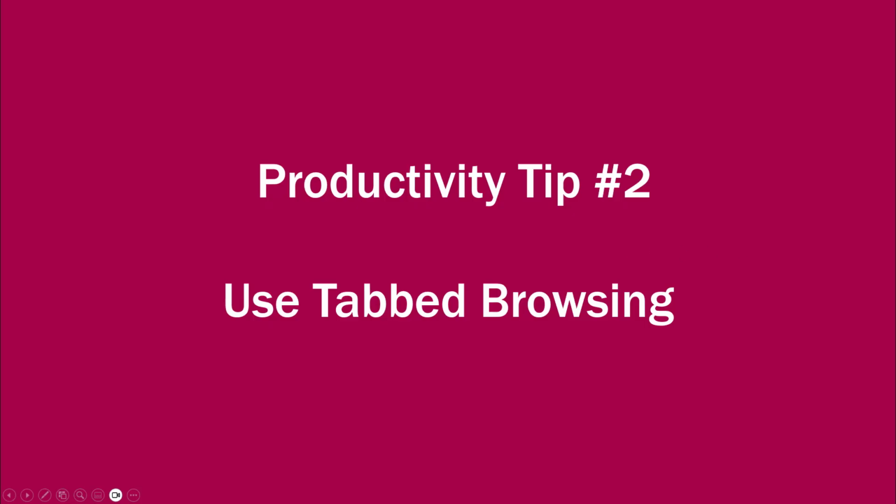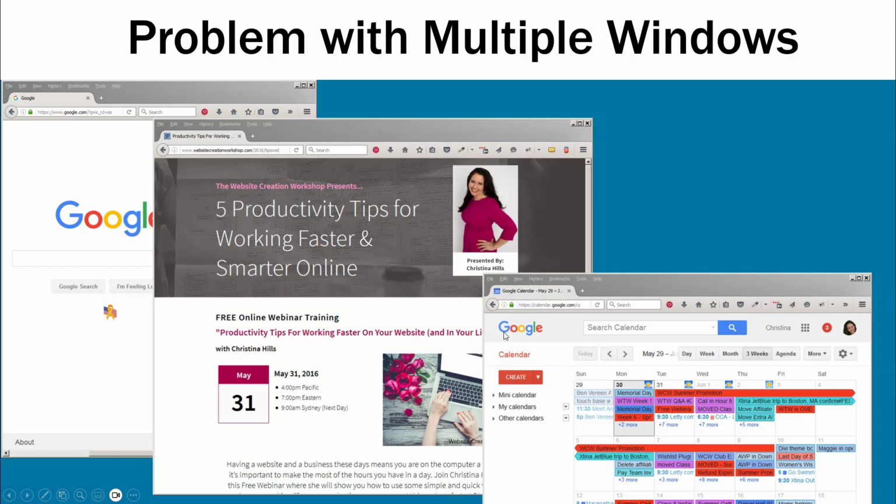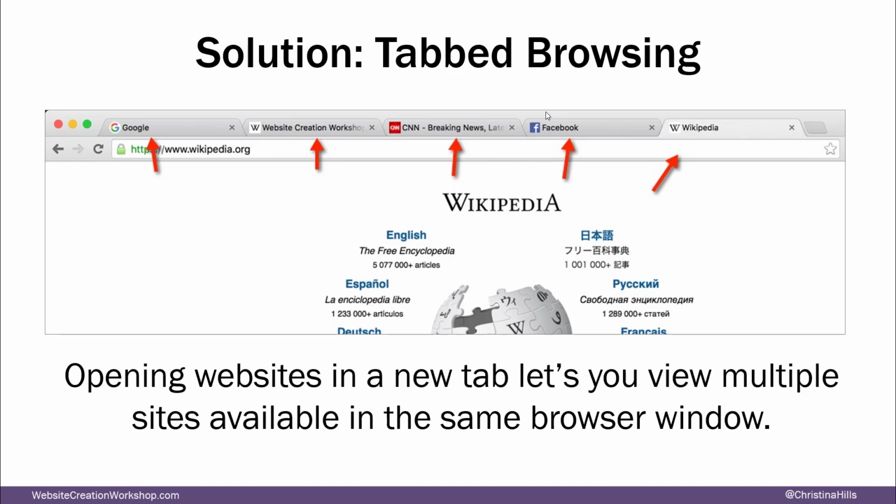Okay, productivity tip number 2 is tabbed browsing. So that's a nice segue from productivity tip number 1. Productivity tip number 2 is to use tabbed browsing. So here's the problem with multiple windows, and you kind of saw that in my last demo. With multiple windows, you've got to keep moving things around and finding them and hiding them, etc. Tabbed browsing keeps it all in these little tabs that kind of look like file folders, and then you can switch between them.